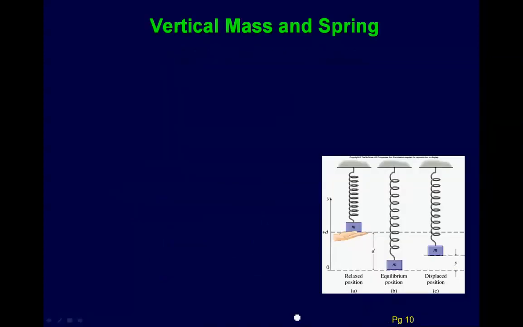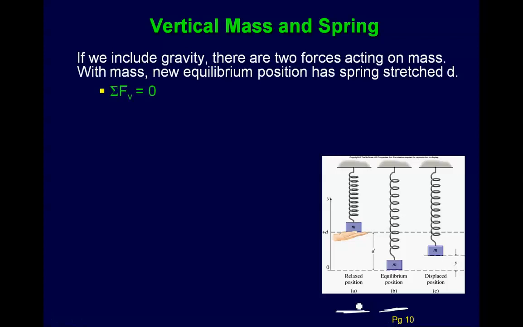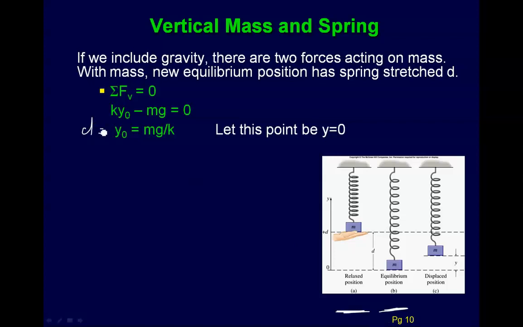So in class, a lot of times we'll do a vertical spring, and I just wanted to talk real quickly about that. Over here in our graph, we've got three cases. Here's the relaxed position of the spring. When you put the block on it, the block is going to pull it down to some new distance that we're calling d in this little picture. If I look at my forces, that distance, I'll call it y naught in the equation, is going to be equal to mg divided by k.